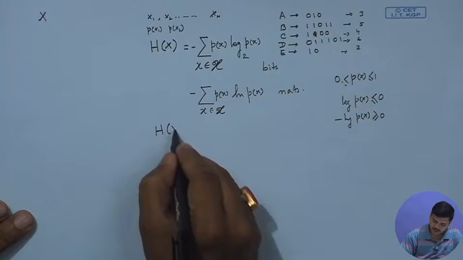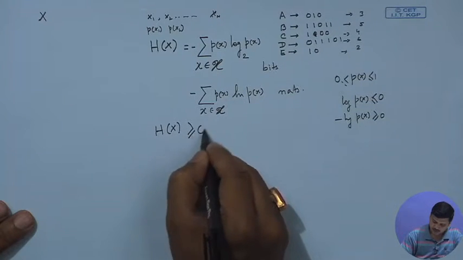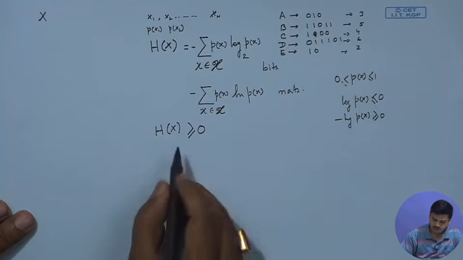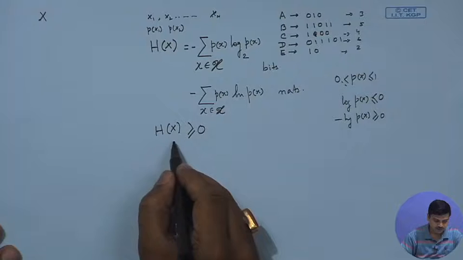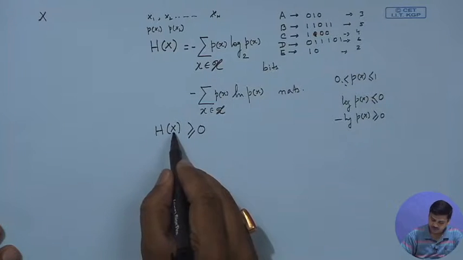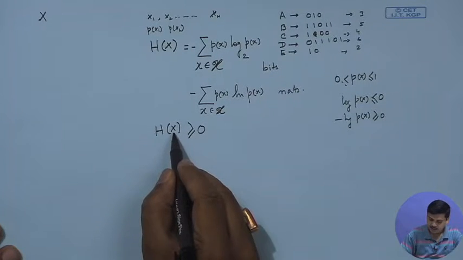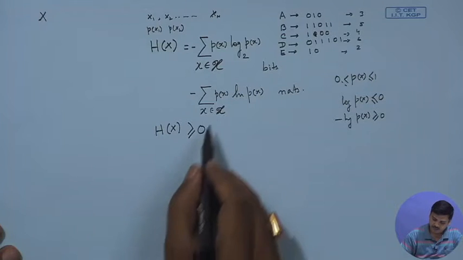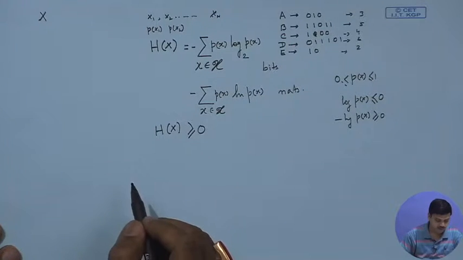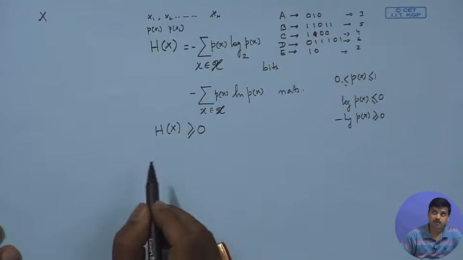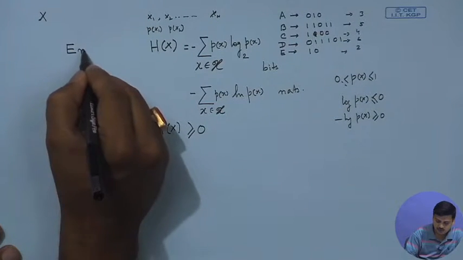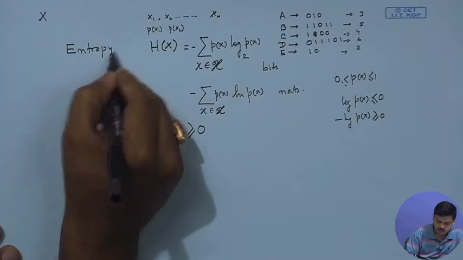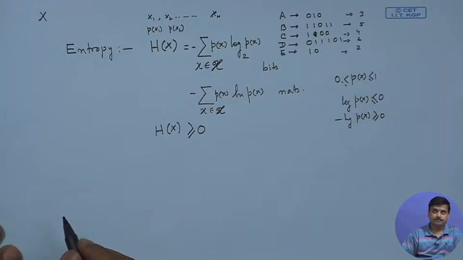So we could say H(X) is always greater than or equal to 0. This is one of the fundamental things that we should always remember, that H(X) is never negative when we have X as the outcome of sources and p(x) as the probability of occurrence. And remember, we are talking about a discrete random variable at this point of time. So this is the definition of entropy.